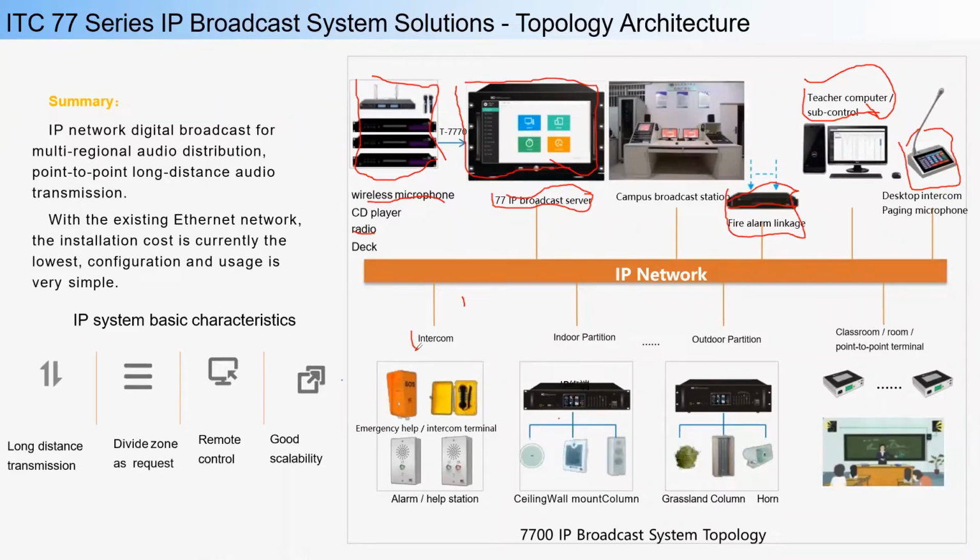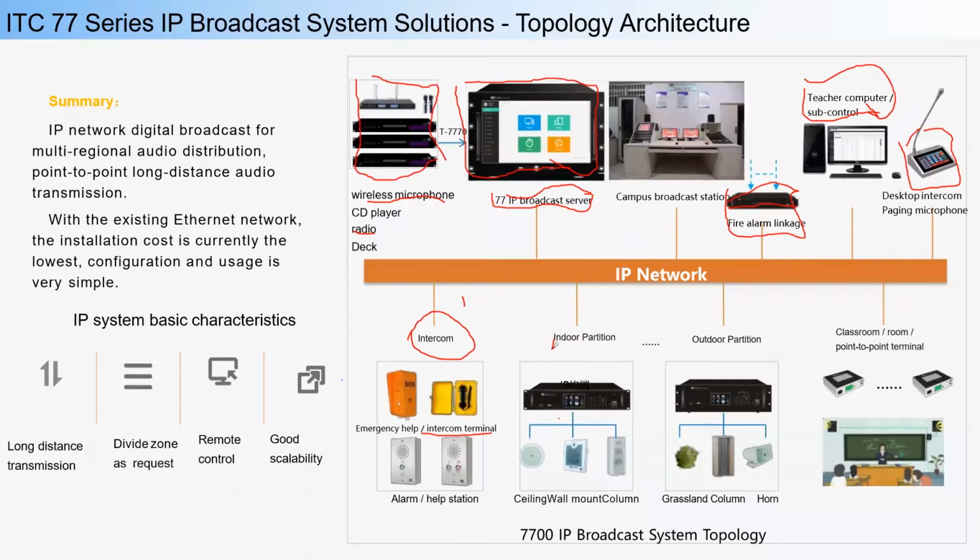Next, the intercom. The user could use the intercom to speak with the paging microphone in the control room or broadcast room. We have different types of intercom, like the normal intercom terminal or the emergency terminal. This is the intercom part.